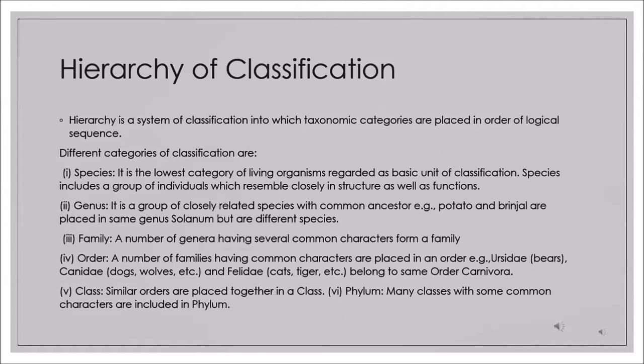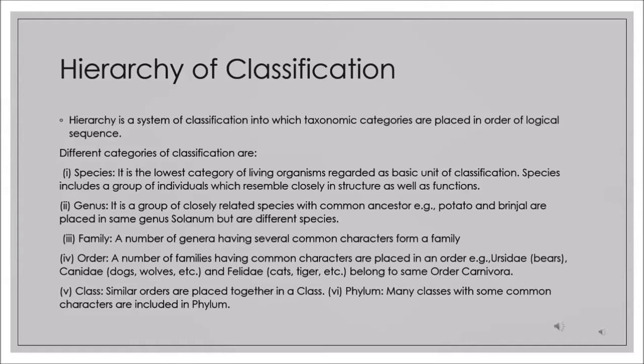Arranging those categories in some logical sequence, arranging them in order, is known as hierarchy of classification. So we were talking about taxonomic categories. Arranging all the taxonomic categories according to some order is known as hierarchy. What are those taxonomic categories? Those different categories we are going to see now.